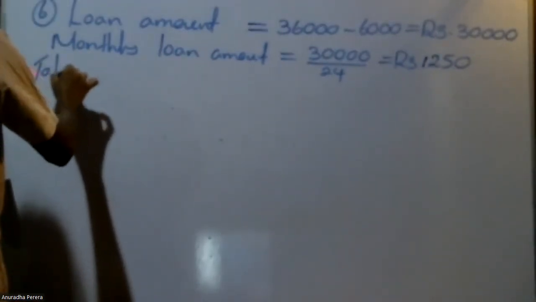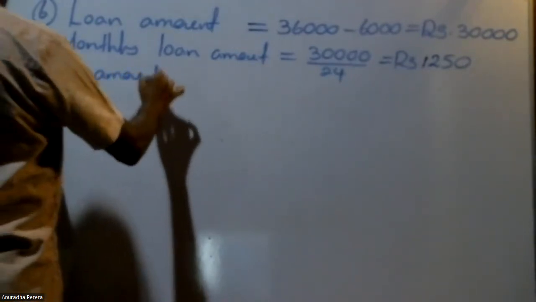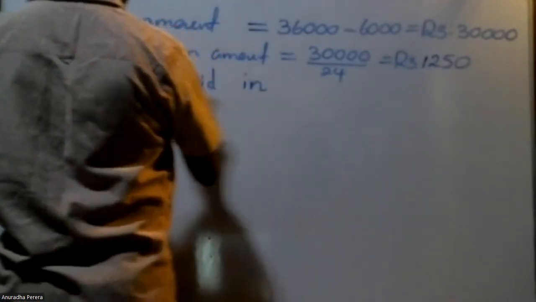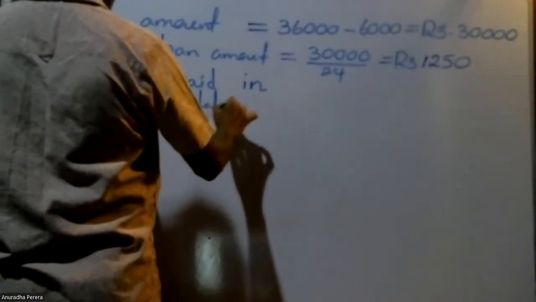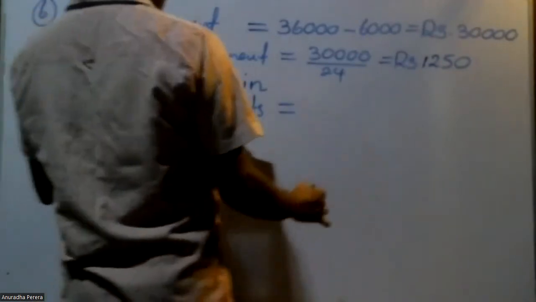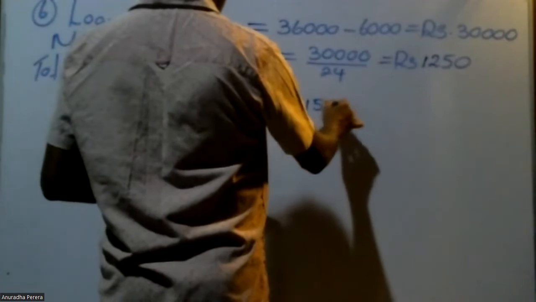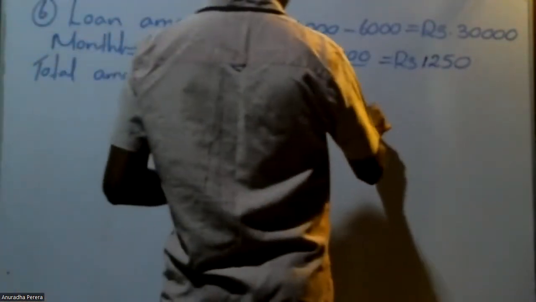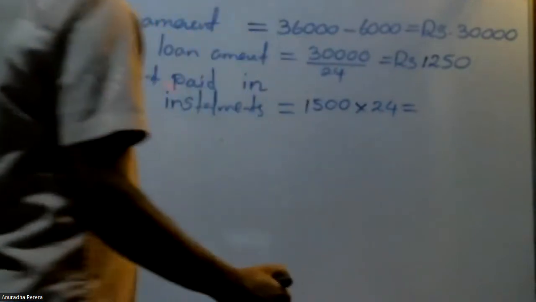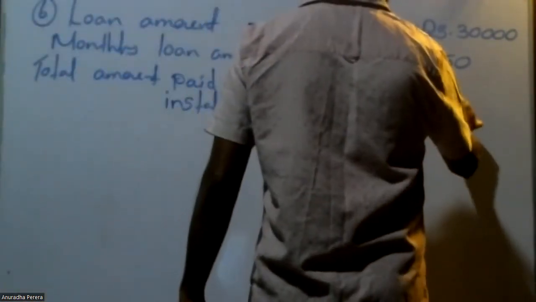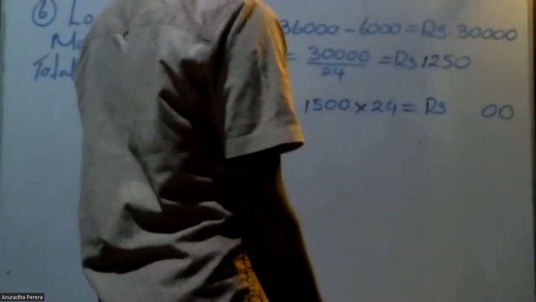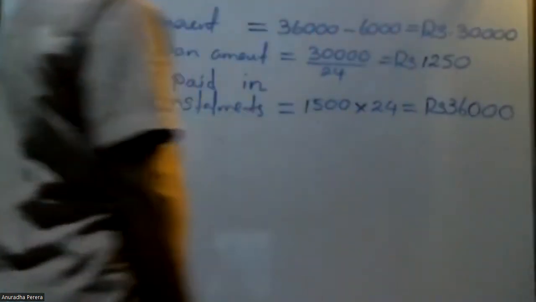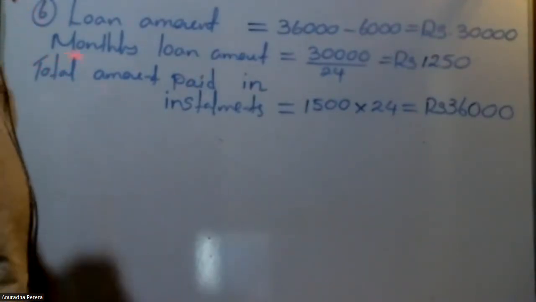Total amount paid in installments, multiply 1,500 by 24. ₹36,000, right?